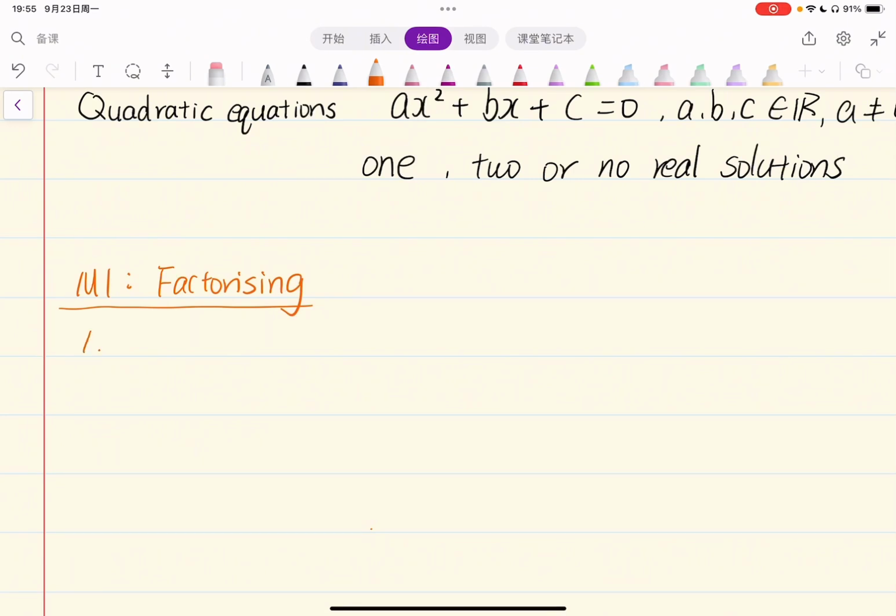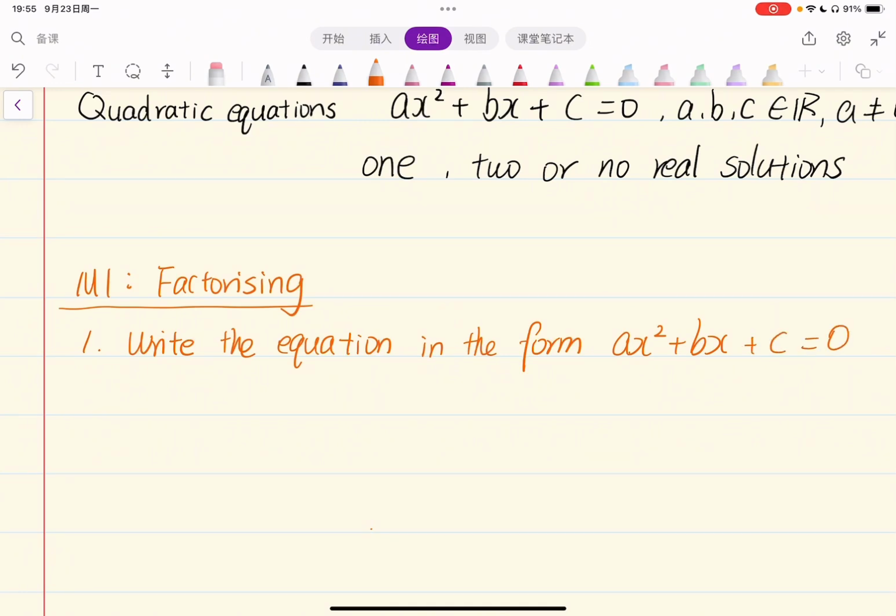Firstly, we need to write the equation in the form ax squared plus bx plus c equal to 0. And the second step, we factorize the left-hand side.